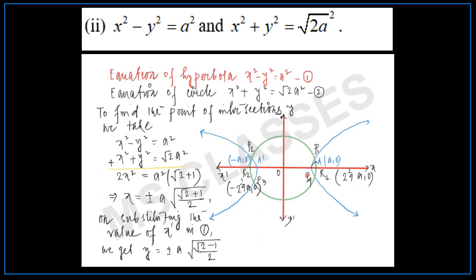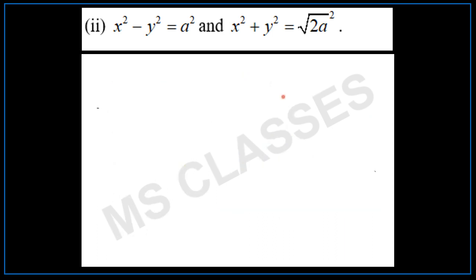But to find the angle between the two curves, we need the slope of the tangent at this point P1 for both the curves. So we differentiate equation 1, we differentiate equation 2, and check what we get.